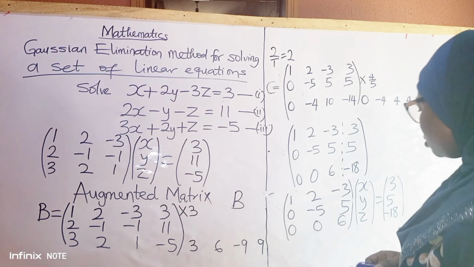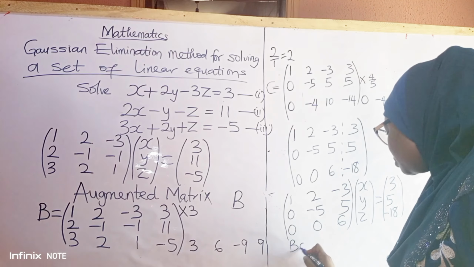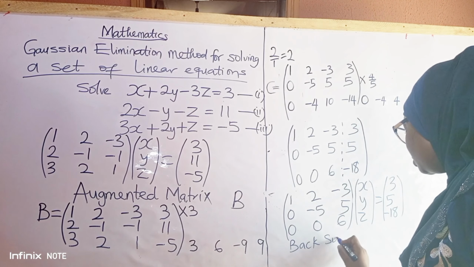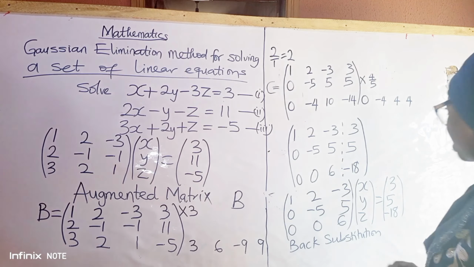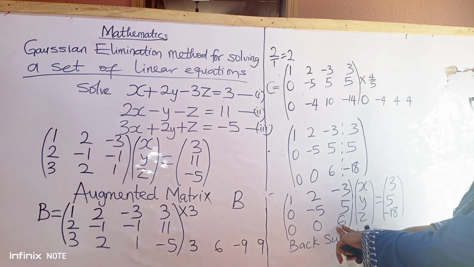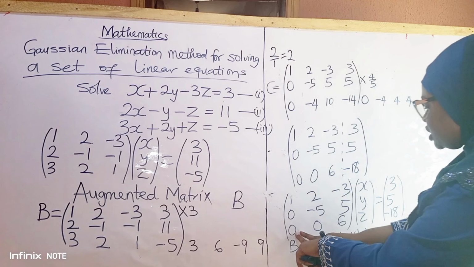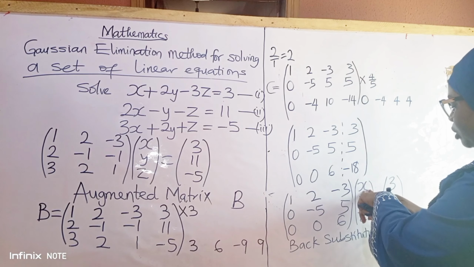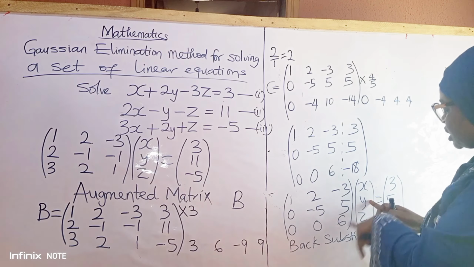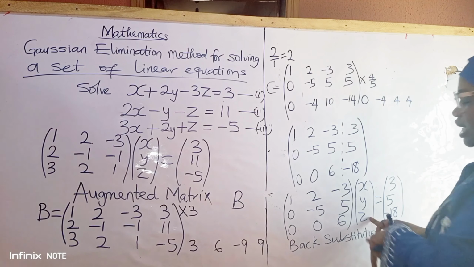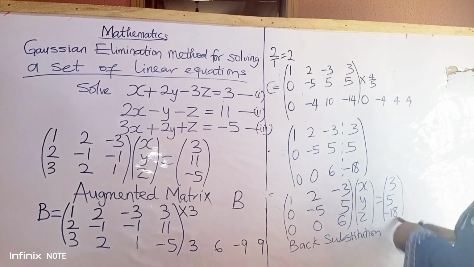So what we need to do now is back substitution. That means we start from the back, from here. If we do the multiplication, 0 multiplied by x is 0, plus 0 multiplied by y, that is also 0, plus 6 multiplied by z, that is 6z, is equal to minus 18.